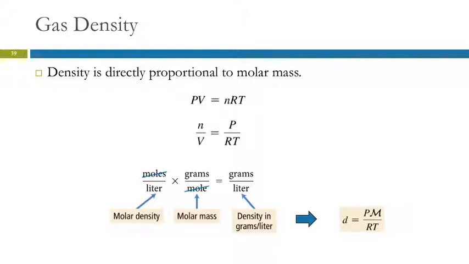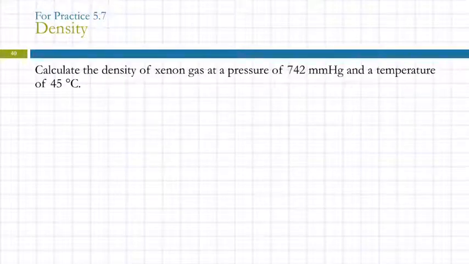I think it's better if you have to calculate a density, like I think here's a problem we have to calculate. Calculate the density of xenon gas at a pressure of 742 millimeters of mercury and a temperature of 45 degrees Celsius. So you could use that equation, but then you have to remember the equation. So I look at a problem like this and I said, well, calculate the density.